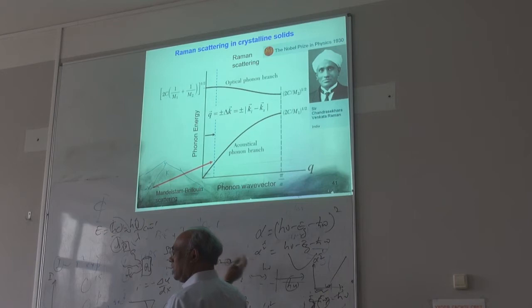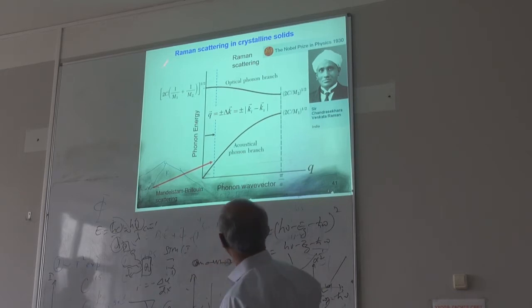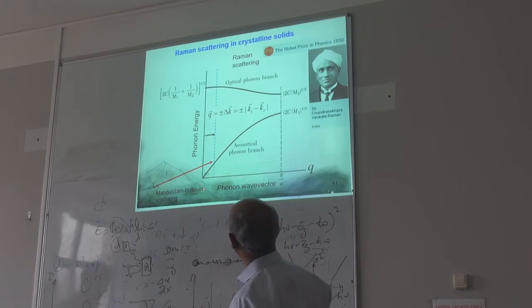If you solve this normal mode, you can generate this. So this is what you are looking at, the optical branch from the Raman. We are only looking at the zero Q vector Raman features.